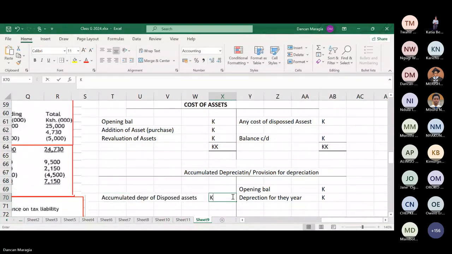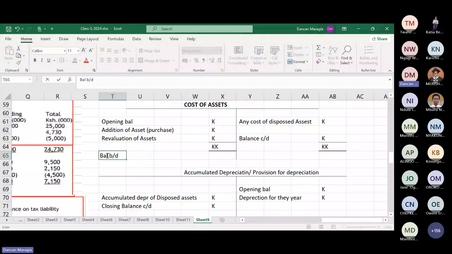There. Then we find what we call the closing balance carried down for accumulated depreciation. So this one will now be balance brought down, which will go to the trial balance when we close the books.